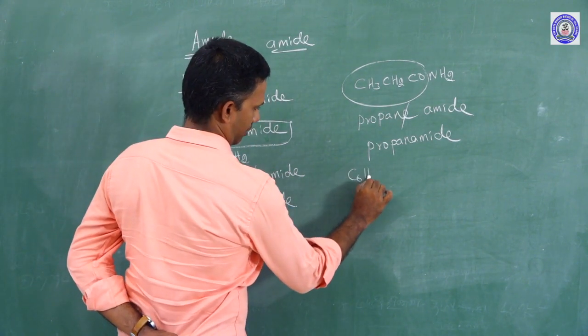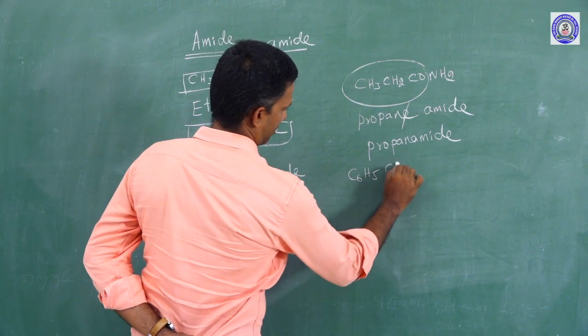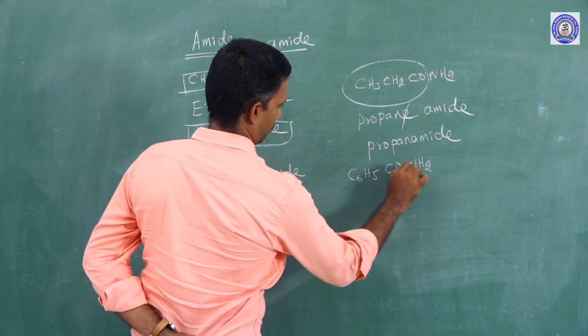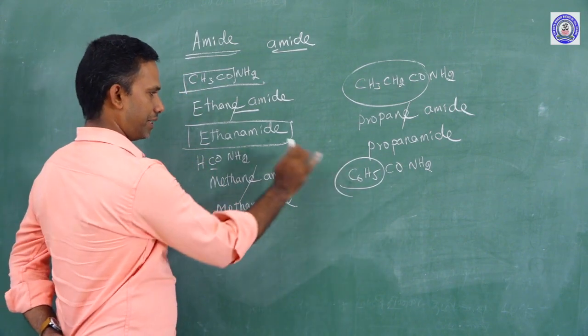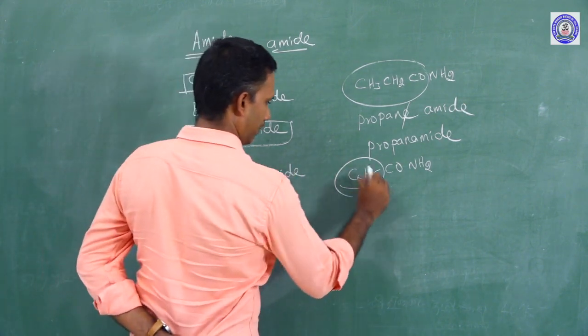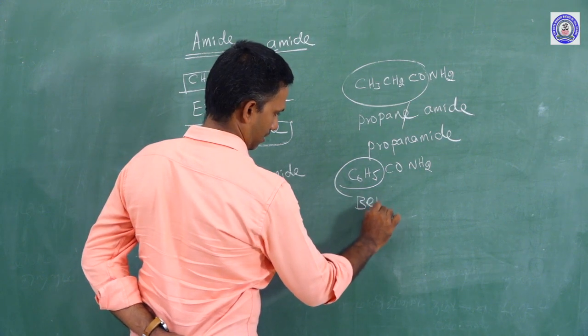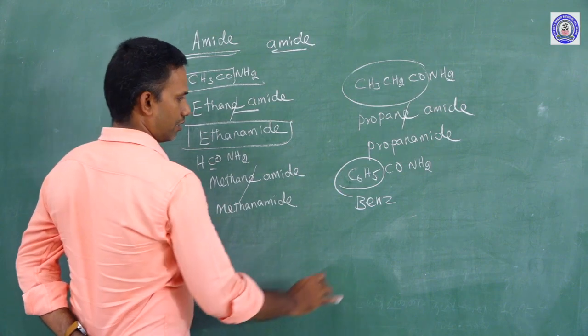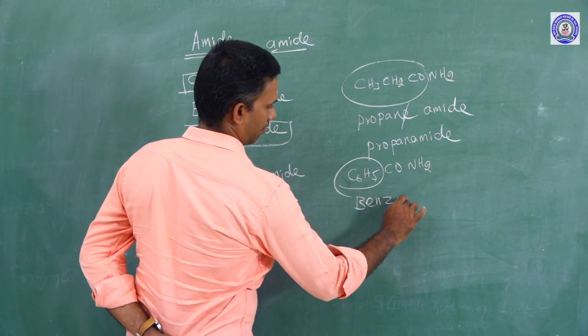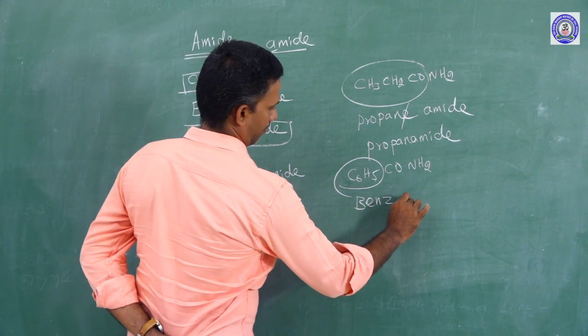Likewise, we can also write aromatic amide. Don't count C7. There is a separate group. The phenyl group is there. So benz, benzene, like benz. Benzenamide.